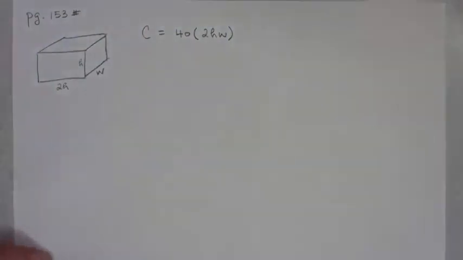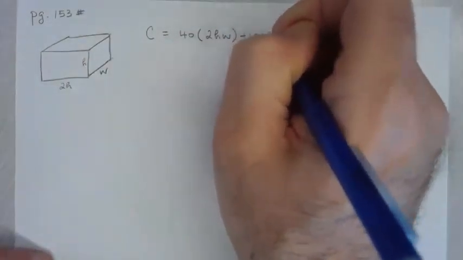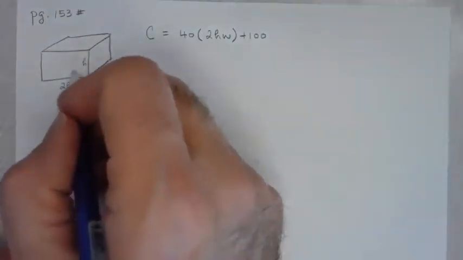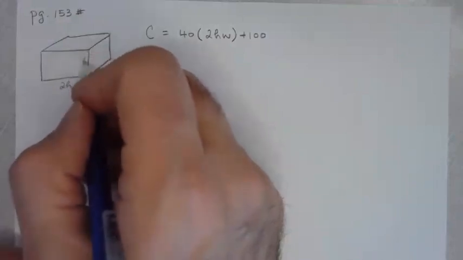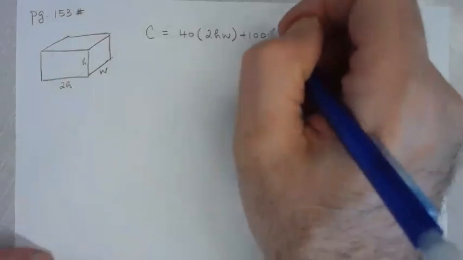Then it was $100 per square meter for the side walls. So the side walls: there's this one here, which is 2H times H, so 2H squared, plus the one at the back, so 4H squared.